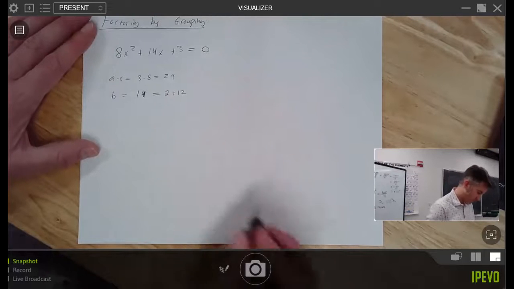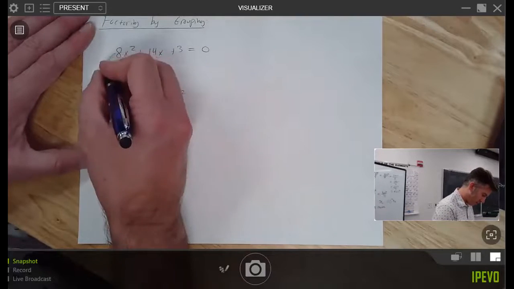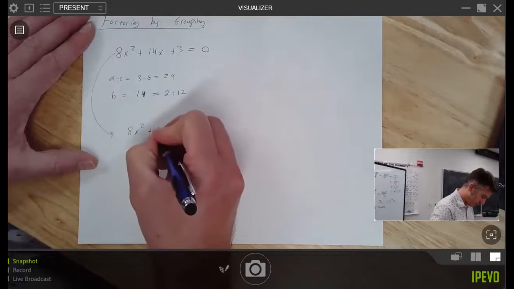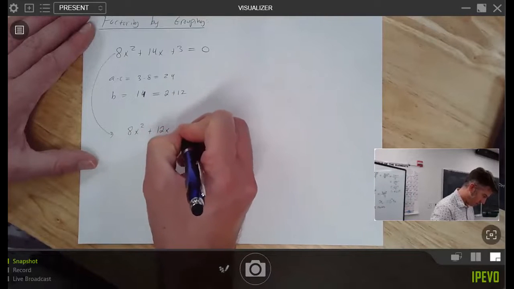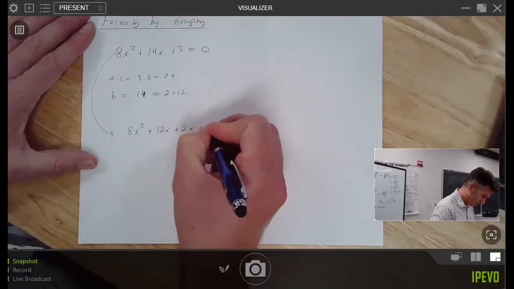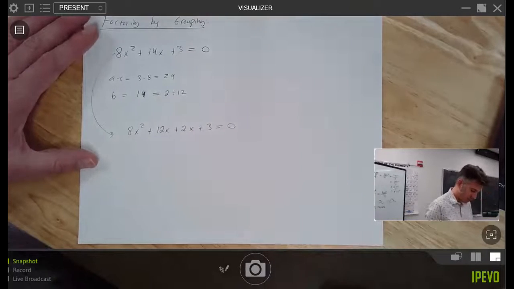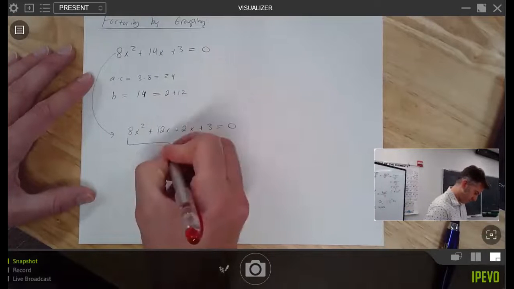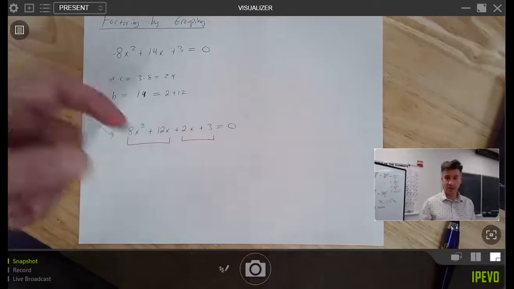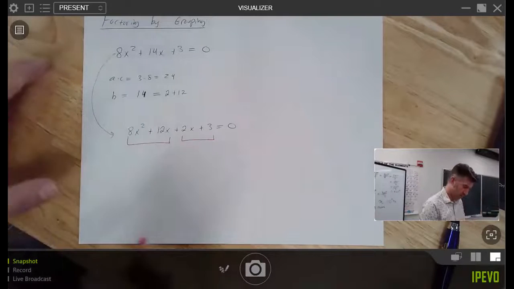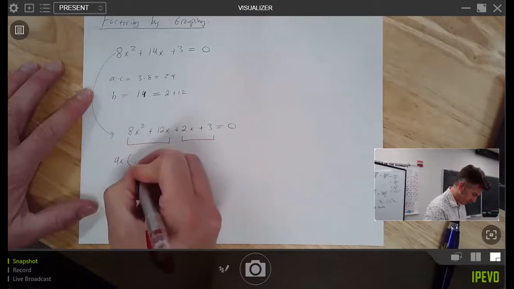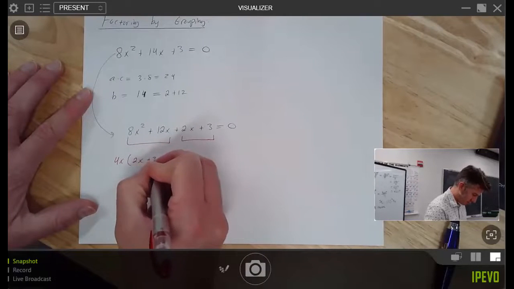Seems to work. So I'm going to rewrite this as 8x squared plus 12x plus 2x plus 3 equal to 0. And then I'm going to factor by grouping. Again, we're always just doing it pair by pair. So here I can factor out a 4x. I'm left with a 2x plus 3.